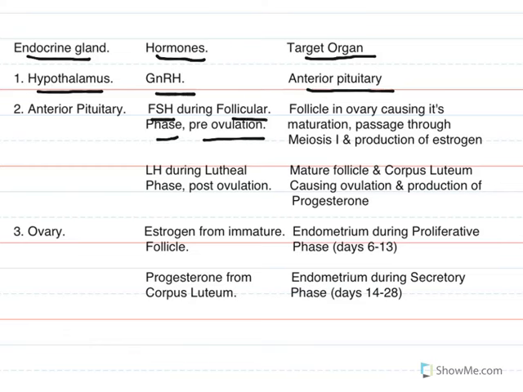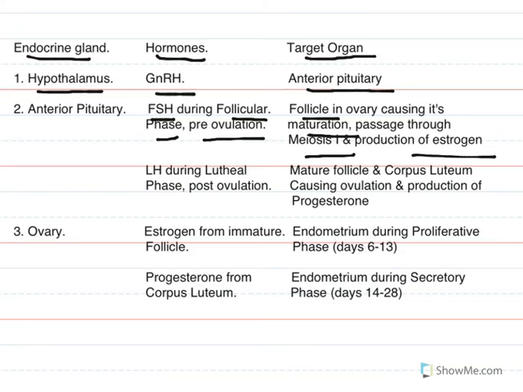The FSH is going to affect a follicle in the ovary, causing its maturation and passage through meiosis I, and also production of estrogen from that follicle, all under the influence of FSH.